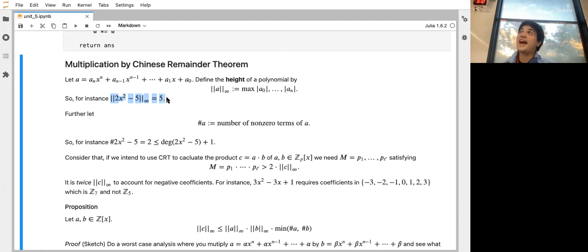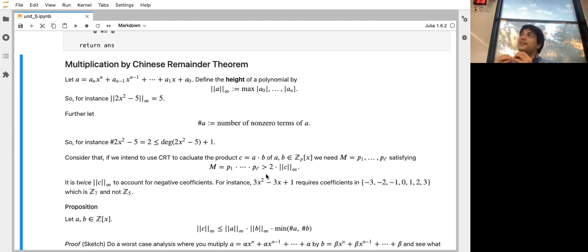But you have to ask, what is my largest coefficient, and how big does a prime have to be so that that coefficient is itself in that congruence class? If you don't really understand anything I said, the punchline is this: you need to do Chinese remainder theorem until your m is in excess of 2 times the height of the product.